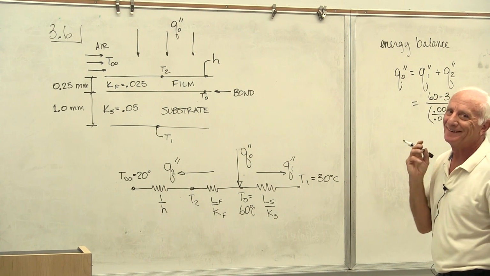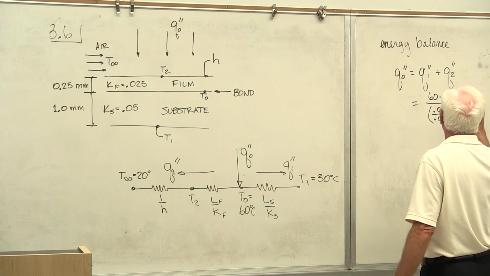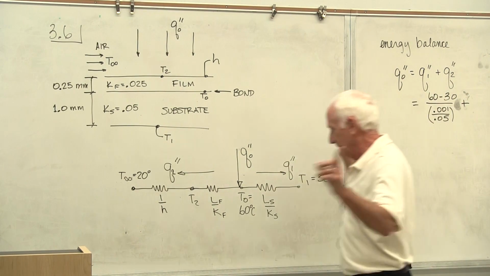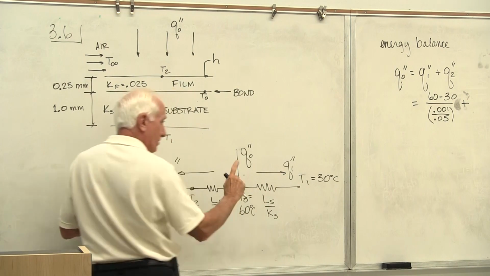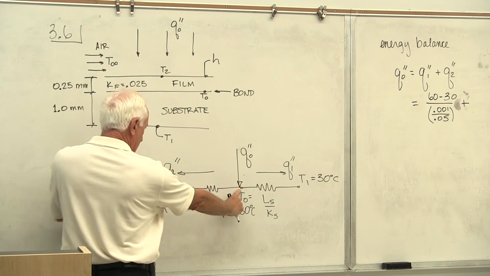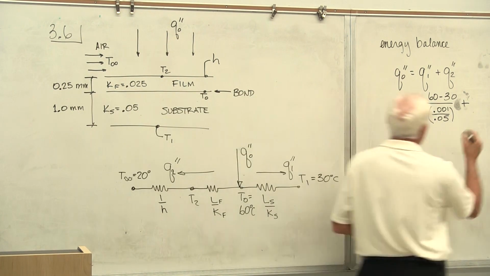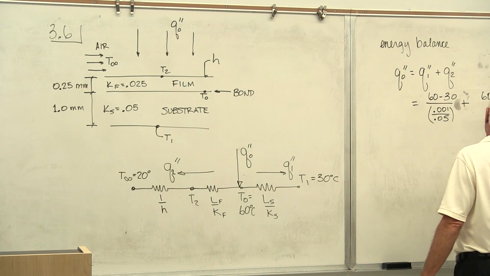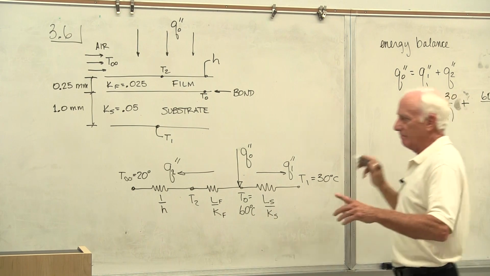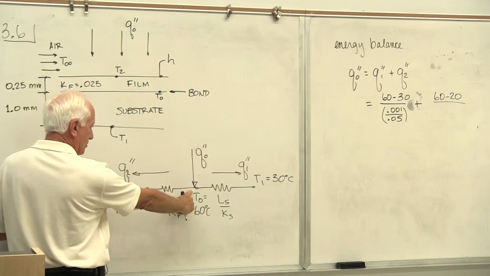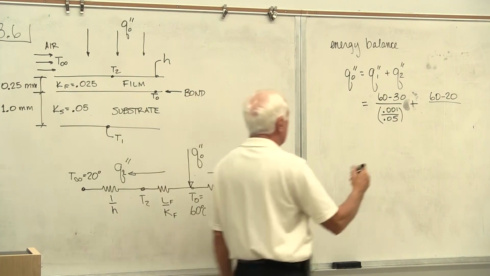All right, and then plus, because here's Q2 now. Take your two fingertips between the two nodes, you know the temperatures. I know the temperature here and the temperature here. Okay, 60 minus 20, divided by the sum of the resistances between my two fingertips: 1 over H plus the film resistance.